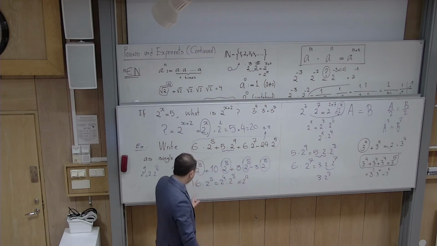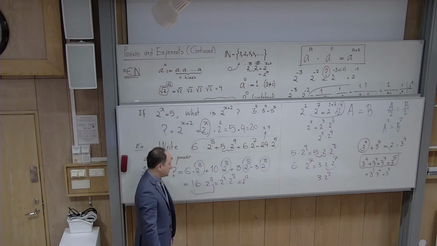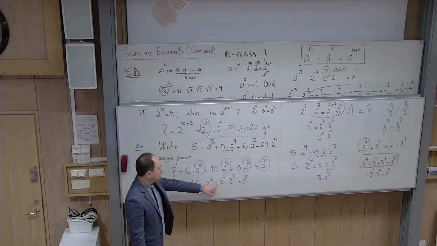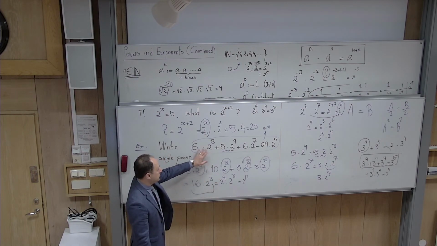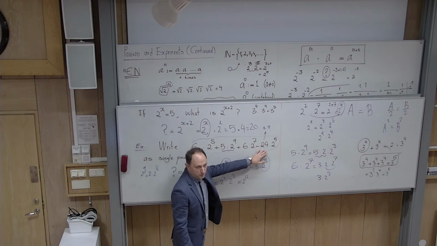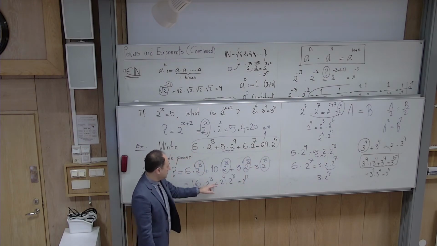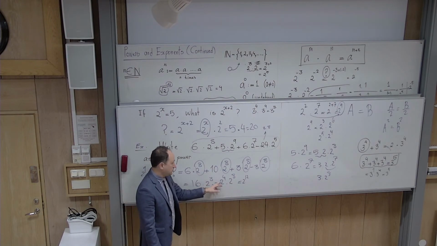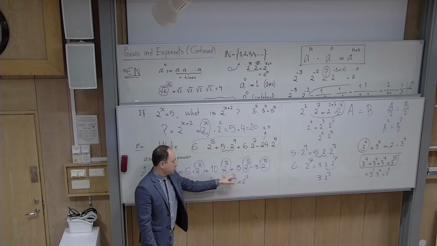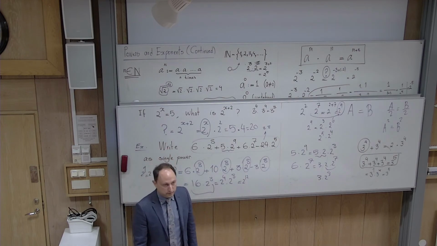Yes? And then, of course, this is good progress. Even if I cannot continue, I made good progress because I had 4 terms, and I reduced it to one single term. But here I can continue. Instead of 16, I can write 2 to the power of 4 and then multiply it by 2 to the power of 8. It becomes 2 to the power of 12.